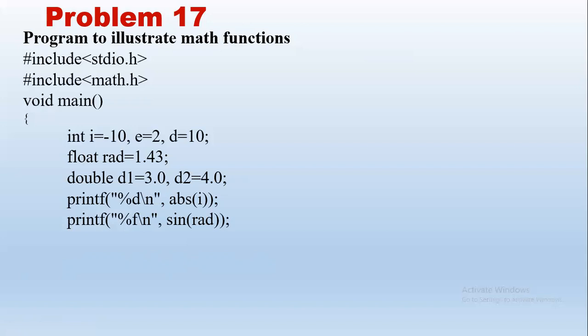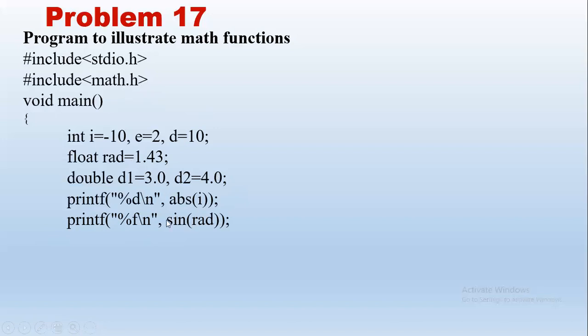Next, we have sine. Since we know the trigonometric functions need to be given in radians, we have declared radian here. If we give it in degrees, we need to convert it to radians and then give the input. So sine of 1.43 will be calculated by this built-in function. The definition of sine, or absolute, tan, cos, whatever mathematical functions we have, is defined in math.h.